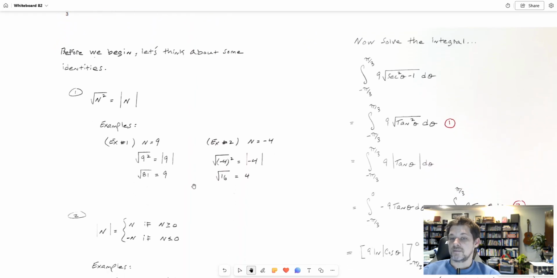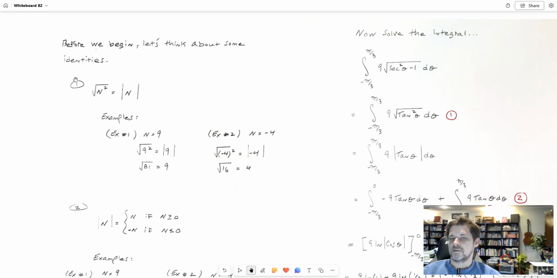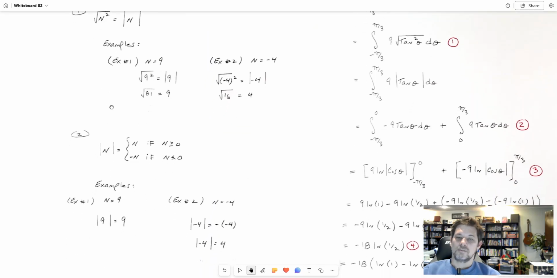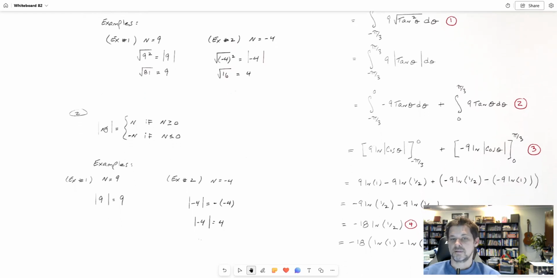Now the second thing about absolute value. Notice how the square root of n squared reduces to an absolute value. How does absolute value further reduce? Let's talk about my second identity. The absolute value of some number n is that number n if you know that that number is greater than or equal to 0.